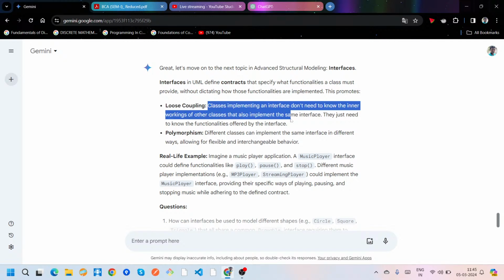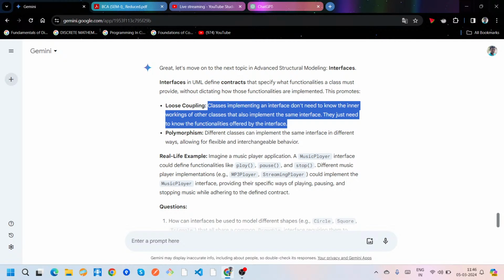Loose coupling means classes implementing an interface do not need to know the inner workings of other classes that also implement the same interface.